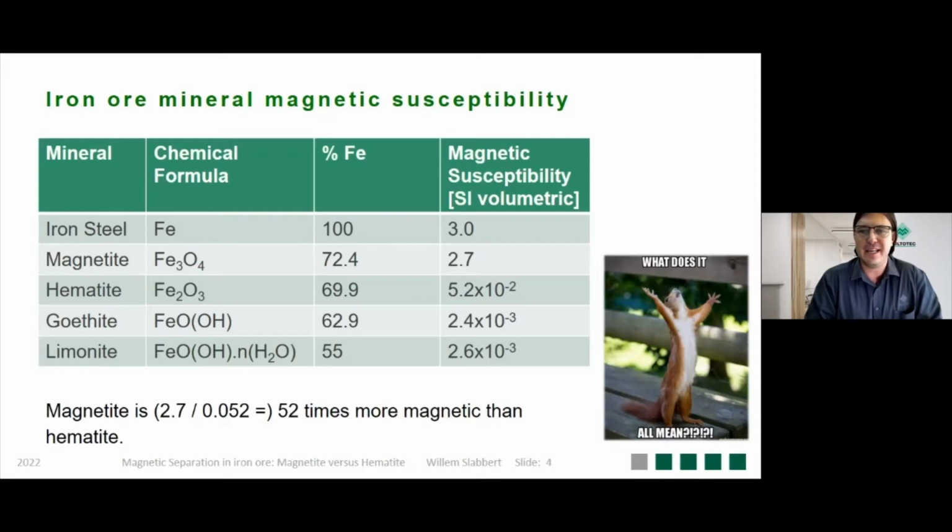Hematite, goethite, and limonite, however, have much lower magnetic susceptibilities, also possibly associated to their iron ore percentage, but we will explain the link between the percentage iron ore and the magnetism in 2 slides to come. We can conclude from here that magnetite is 52 times more magnetic than hematite, but what does that all mean?